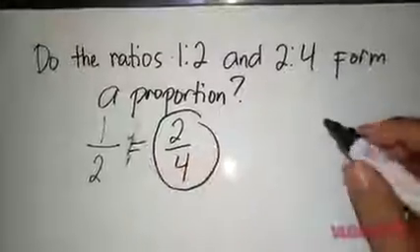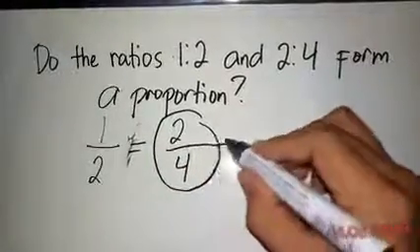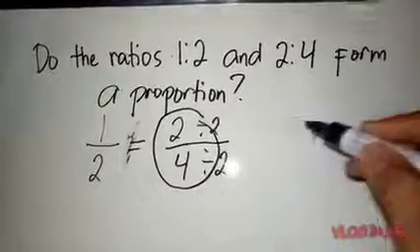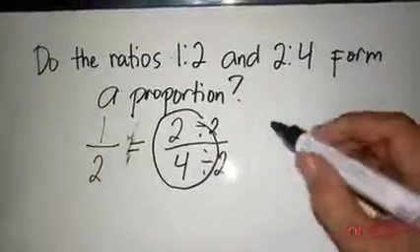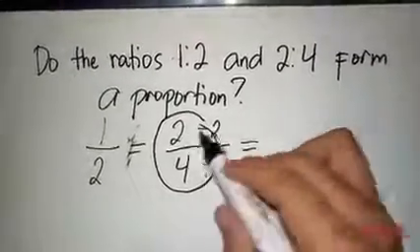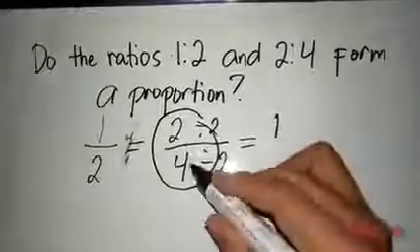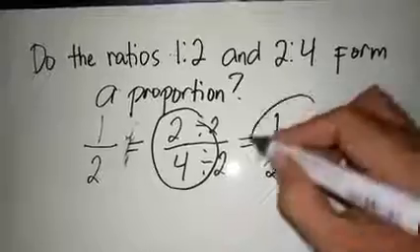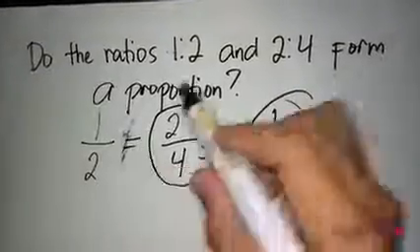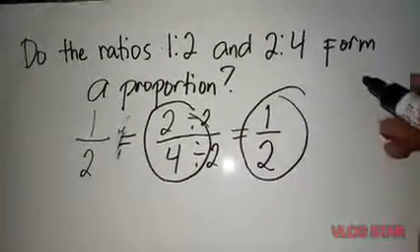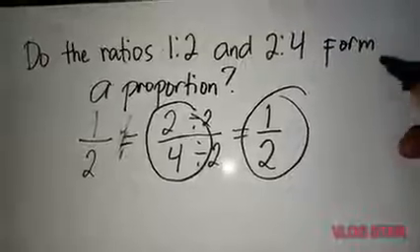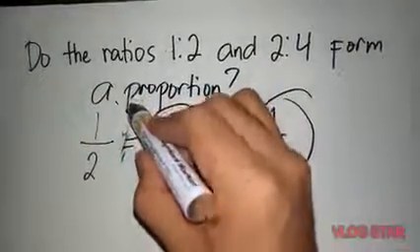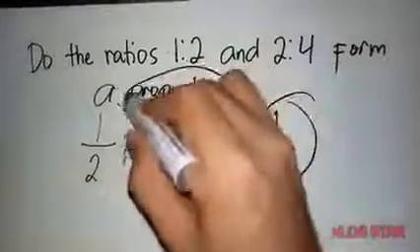Let's divide the numerator and the denominator by 2. So 2 divided by 2 is 1, and 4 divided by 2 is 2. Meaning to say, 1/2 and 2/4 are equivalent fractions, so they can form a proportion.